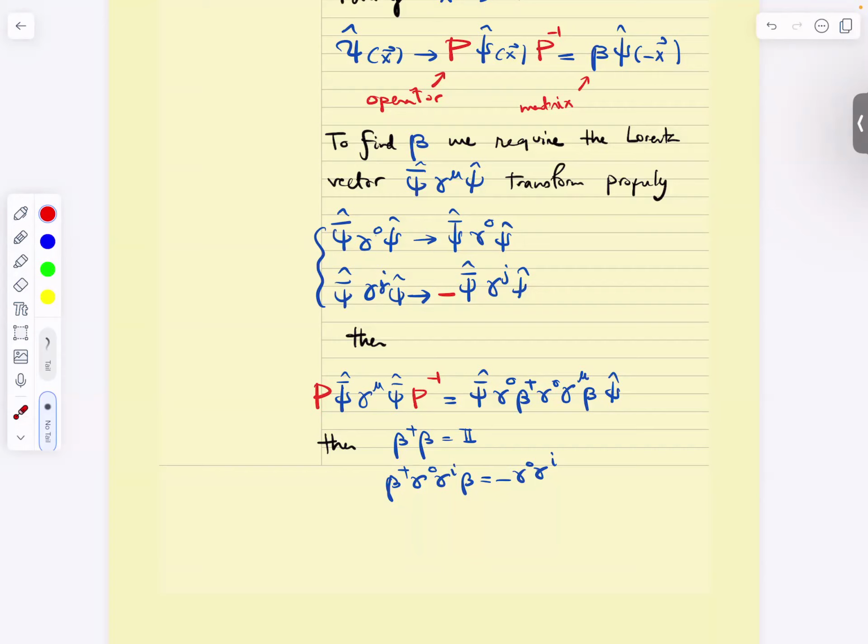I'm sorry, guys. My handwriting is awful. This is psi, and this is psi bar. So here is the vector. Oh no, that was right. That was wrong. I was good. My bad.